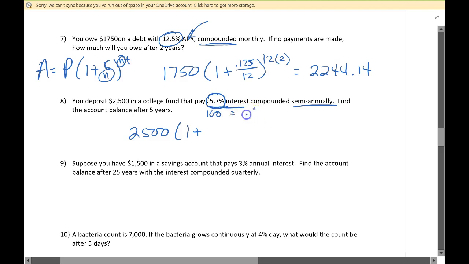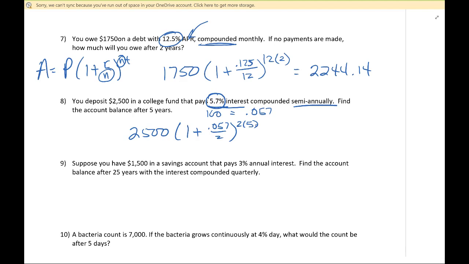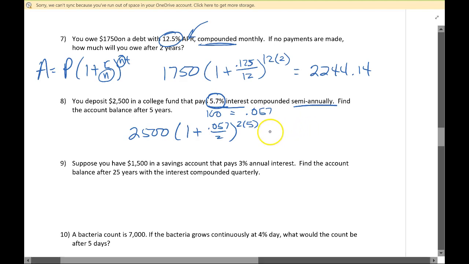In doing so, you get 0.05. So 0.05 over 2 raised to the 2 times 5, because 5 years. And we have to do that 10 times because semi-annually means twice a year. And so in a 5-year period, it would have happened 10 times, twice a year, over a period of 5 years. And when we calculate this in our calculators, we should get $3,311.18.